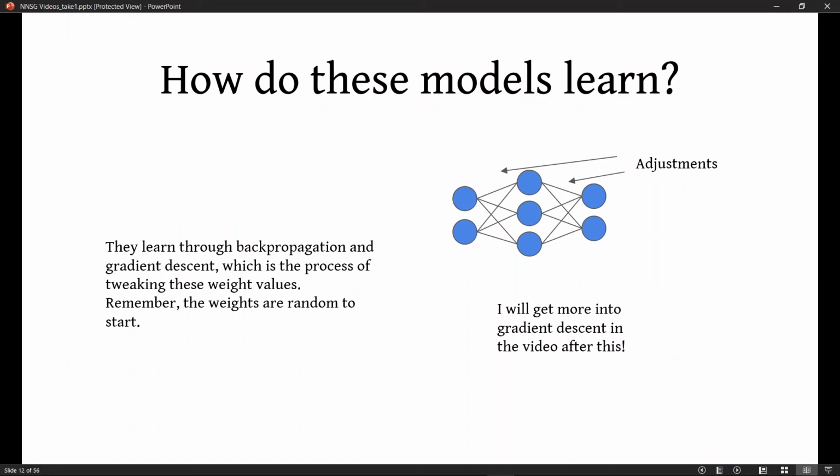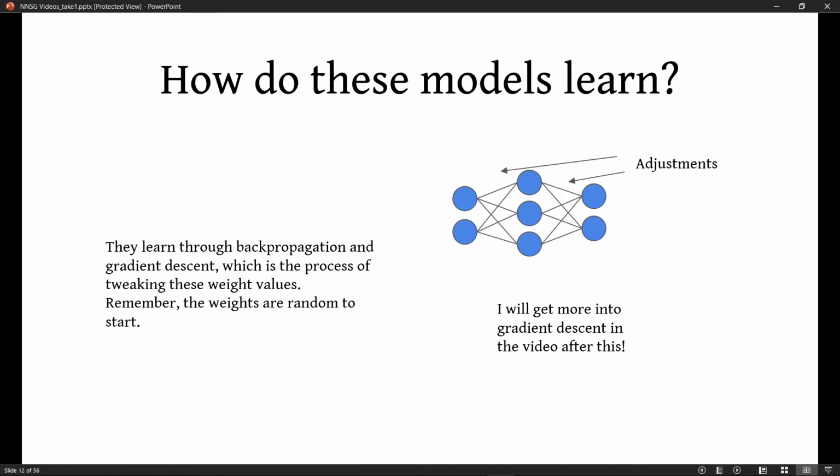Because remember, to start, the weights are randomly initialized. So if you were to give your neural network a picture of a cat, well, there's a 50% chance that it's going to say that it's a dog, right? Because it's just random. And then through the training process, you compare the output that you got to your preferred output.